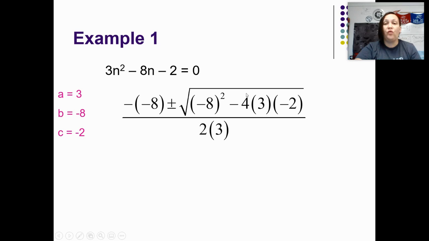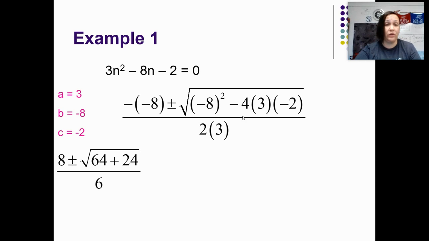Then 4 times 3 times 2, and this minus sign and this negative sign will change into a plus sign in the middle. Remember, on your next step, you should have 2 numbers under your radical, and they should be subtracting, or if your C was negative, then they could also be adding. And then the fourth thing is the 2 times 3 on the bottom.